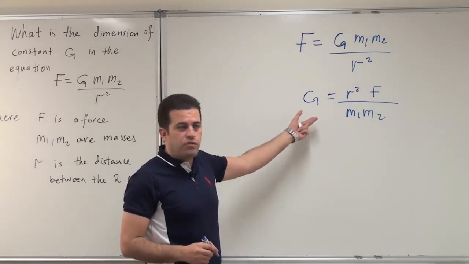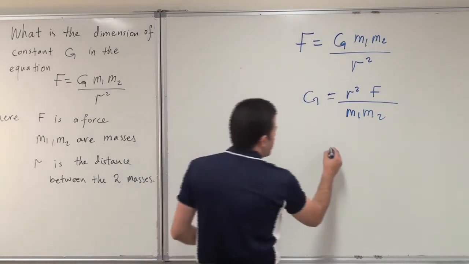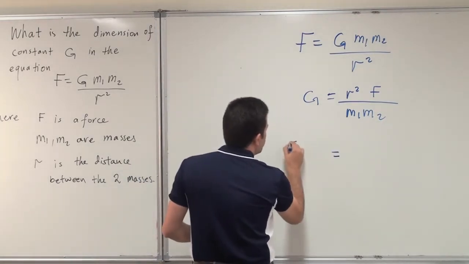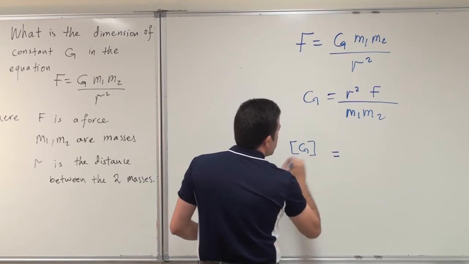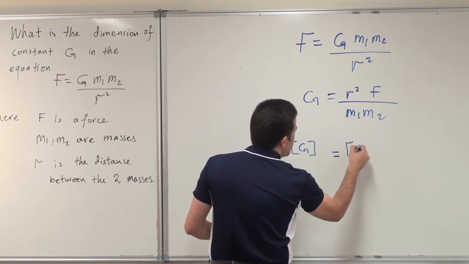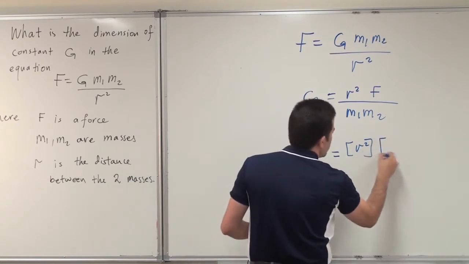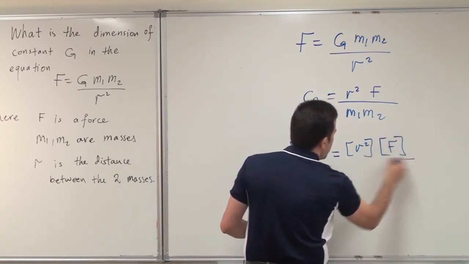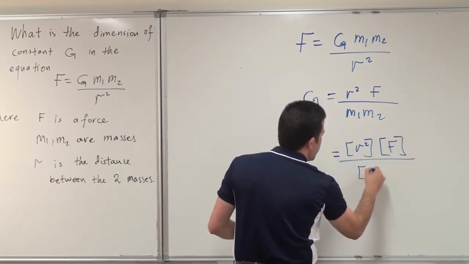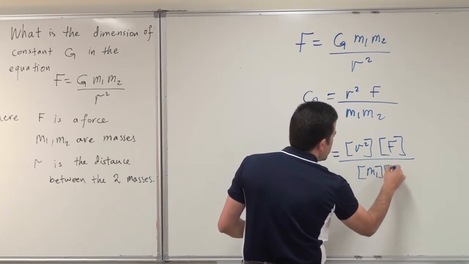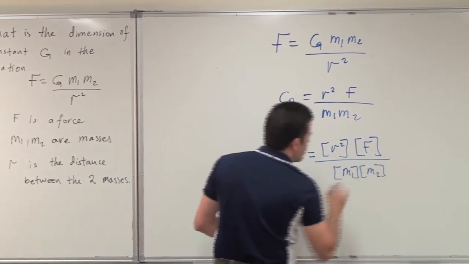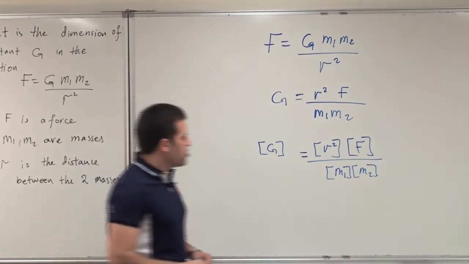This way I put G on one side and everything else on the other side, because I'm targeting to find the dimensions of G. Basically, I should find the dimensions of all its components: r square, F, m1 and m2.